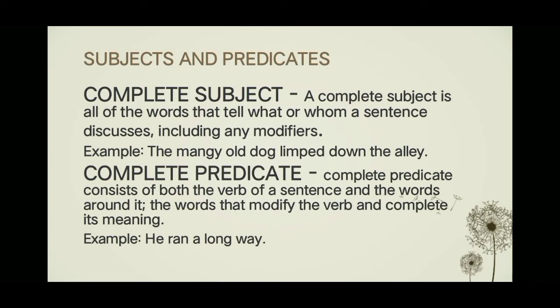In this sentence, he is the subject, ran is the verb of the sentence, and a simple predicate would just be the verb ran. We are looking for a complete predicate here. So, a complete predicate is going to be all the words that modify and further describe the verb. So, ran a long way is the complete predicate in this sentence.